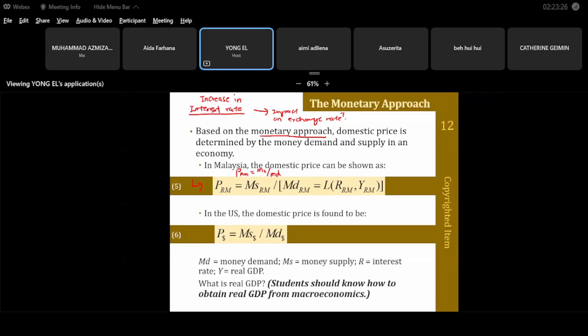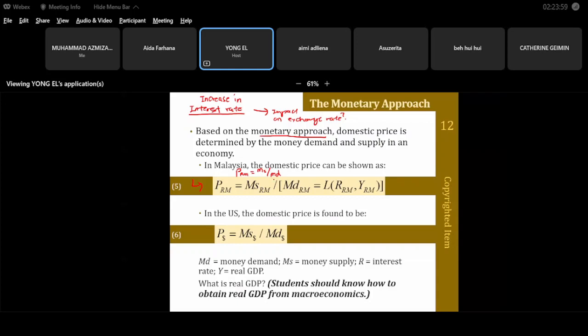What about the US? What is the name of the central bank in the US? Can anyone mention? Federal. Thank you so much. Federal is the name. A more precise name is Federal Reserve. Federal Reserve is the name of the central bank in the United States. Money supply is determined by the central bank.